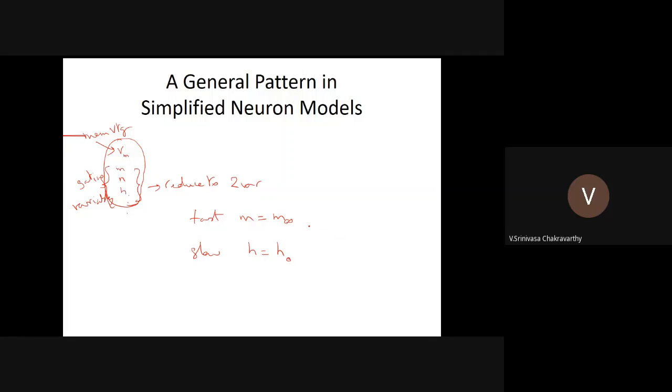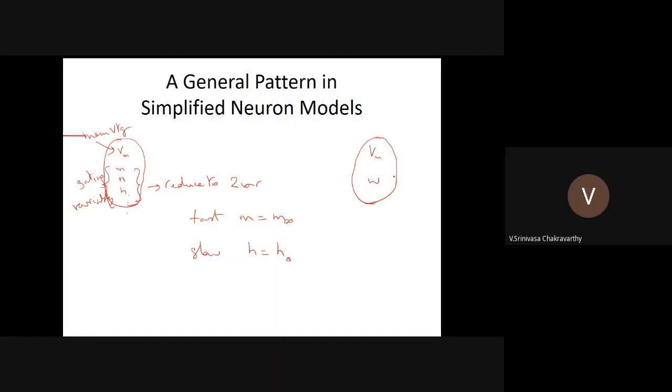These are the tricks that we used to reduce the number of variables, until we were left with only one gating variable. So at the end, we have models with only two variables: one is the membrane voltage, and after that, just one more gating variable. This is simplified neuron models.